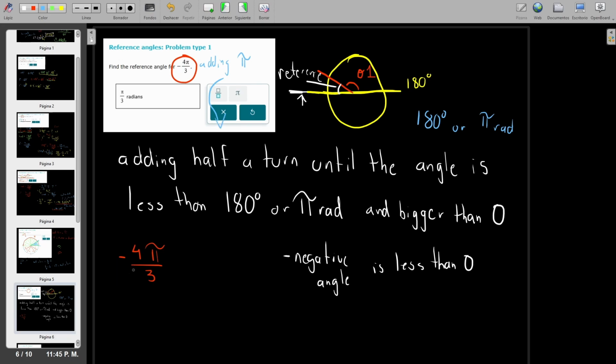We're going to add half a turn to this one, so it's minus 4/3 of pi. We're going to be adding a pi.